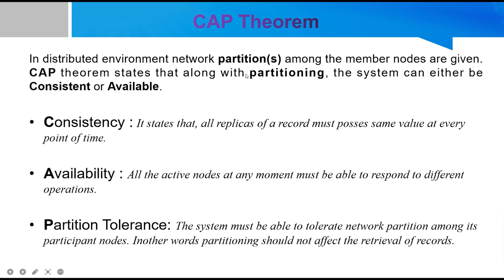And the third one is partition tolerance. It means if you are partitioning your information across different nodes, the user must not be affected by this partition. If he or she wants some information from the system, whether it is located in multiple locations together or not, the user should not be affected by that, and they can get this information seamlessly.